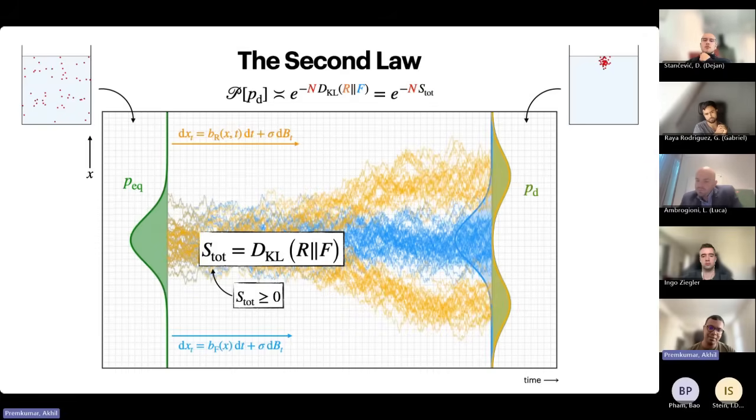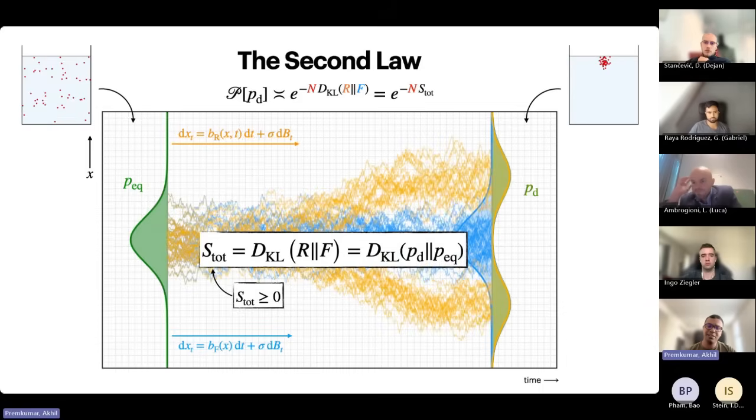Although I would argue that it's basically just a version of Schrodinger's argument from 1931. Again, it is also possible to show that, up to some terms that are constant or vanish in the late time limit, the KL between path measures is also the KL between the terminal distributions. So PD, which is the result of evolving back with the reverse equation, and P equilibrium, which is the result of evolving back with just F itself.